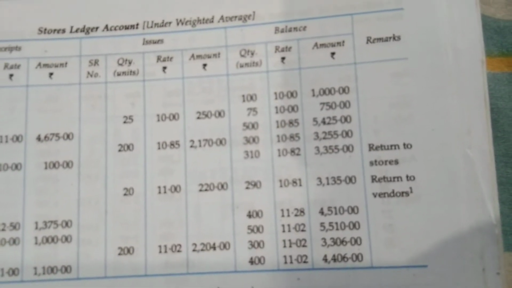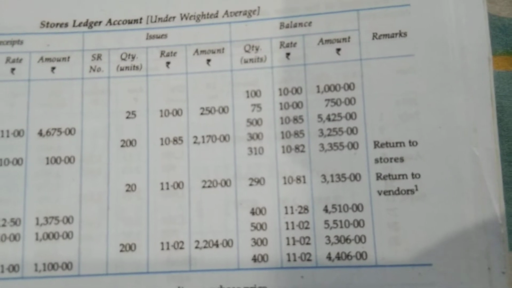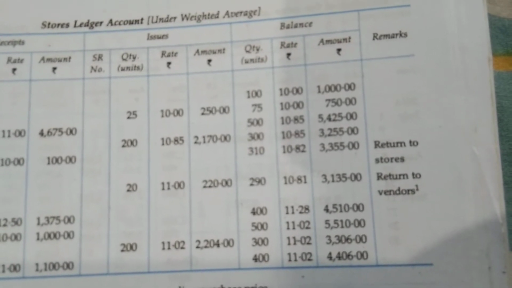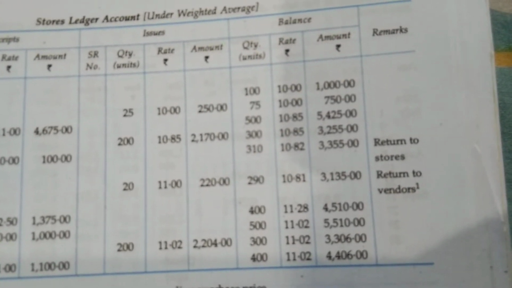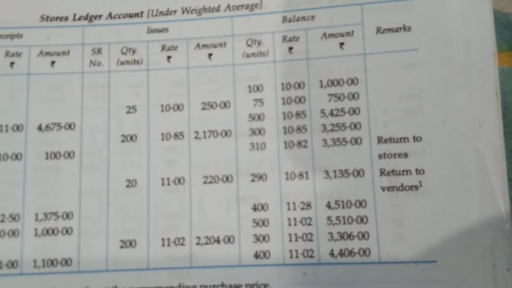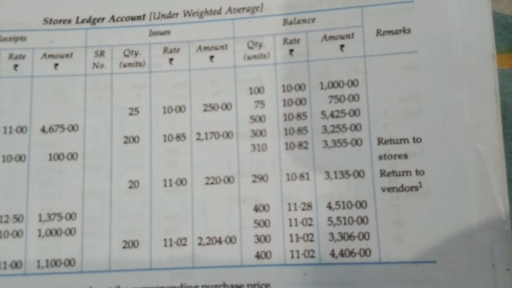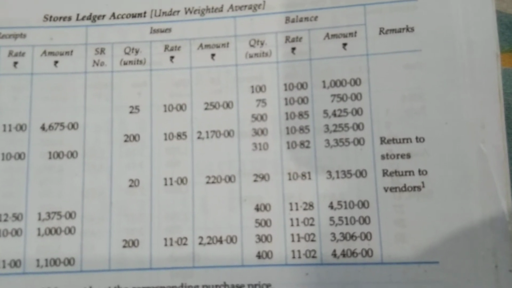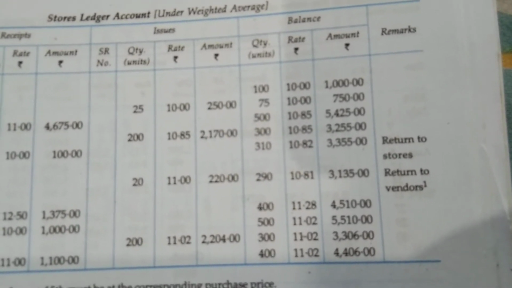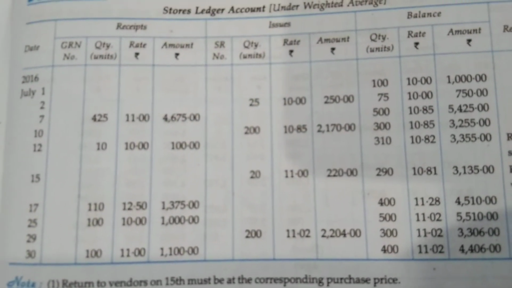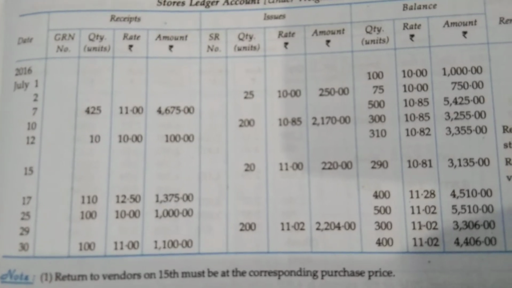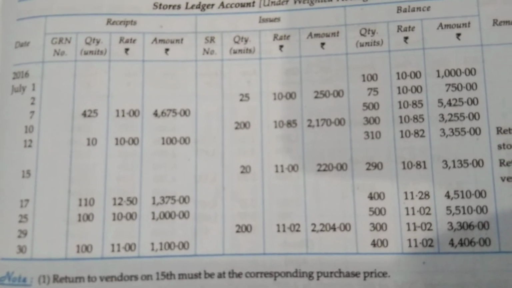Now see, actually the formula is: if you consider 75 as the quantity Q1 and P1 is 10, then what is the value P1 into Q1? In the second case, P2 is 11 and Q2 is 425.